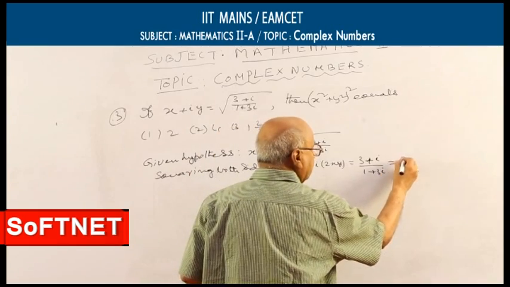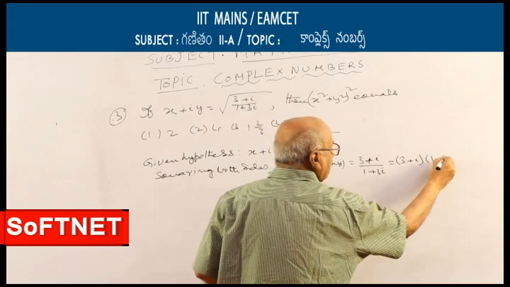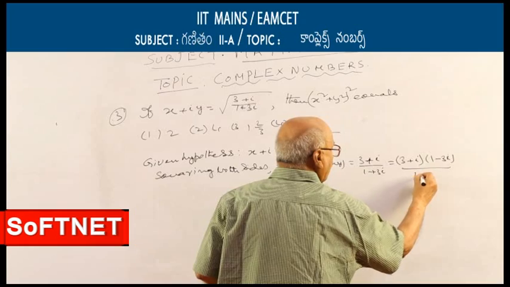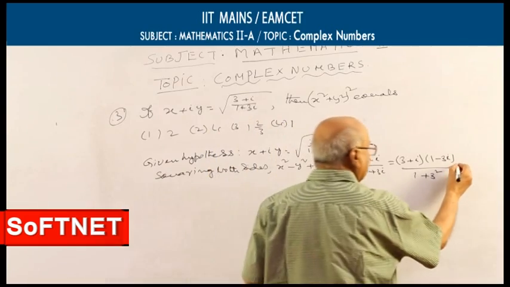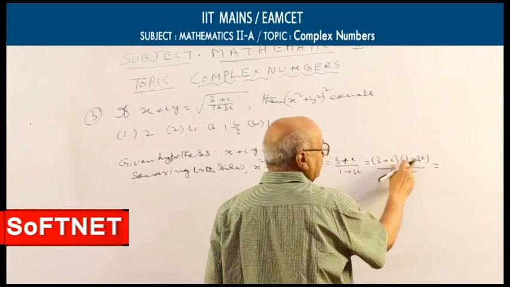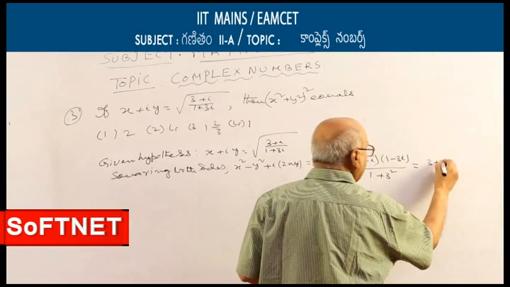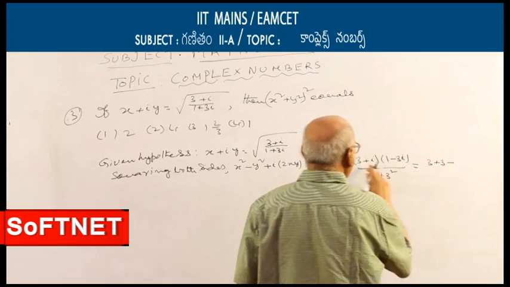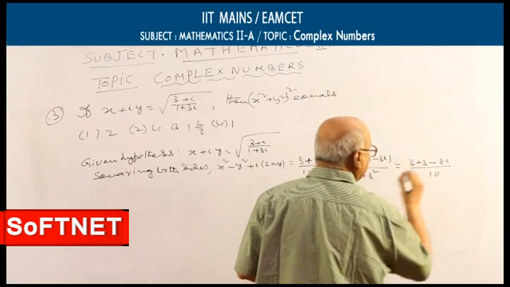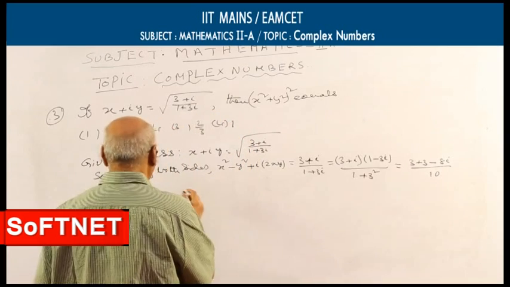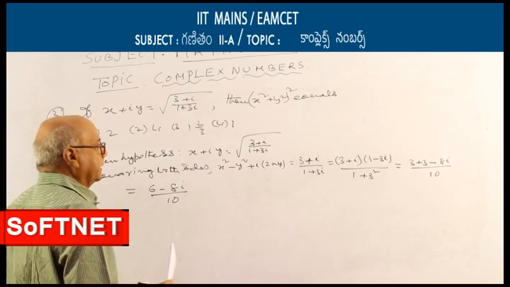And this is equal to, realizing the denominator, (3 plus i) into (1 minus 3i) by 1 plus 3 square. And this is, you can write, 3 minus 3 into i square, which is minus 1. So therefore 3 plus 3 and minus 9i plus i, so minus 8i by 10, which is equal to 6 minus 8i by 10.